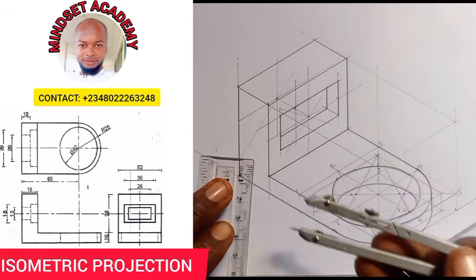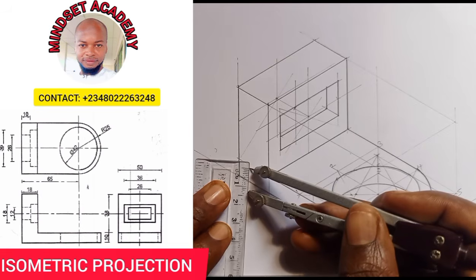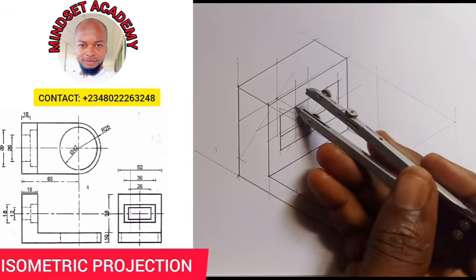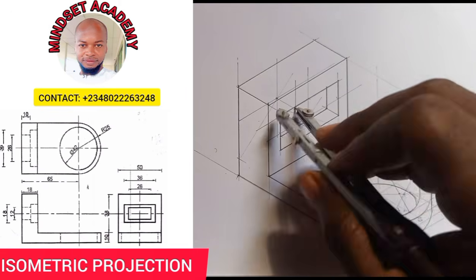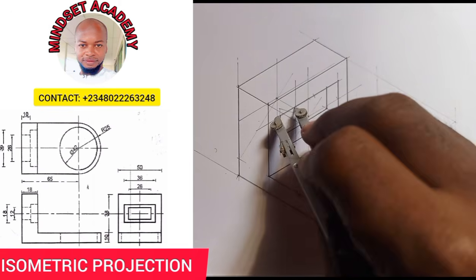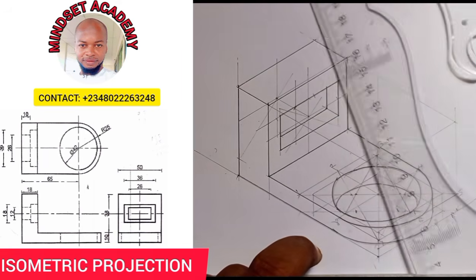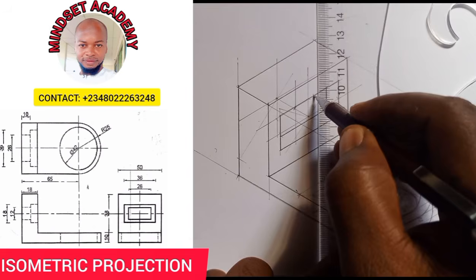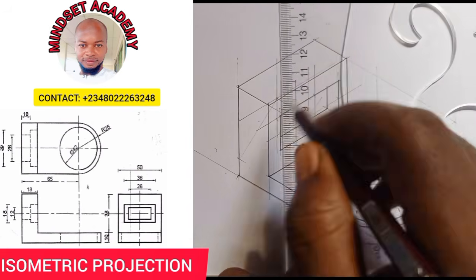So I'll take 13. From 0 to 13 is here. And I'll place it here. I will mark 13, 13, and what? 13. Then I'll take it up this way. Yeah, also this way.